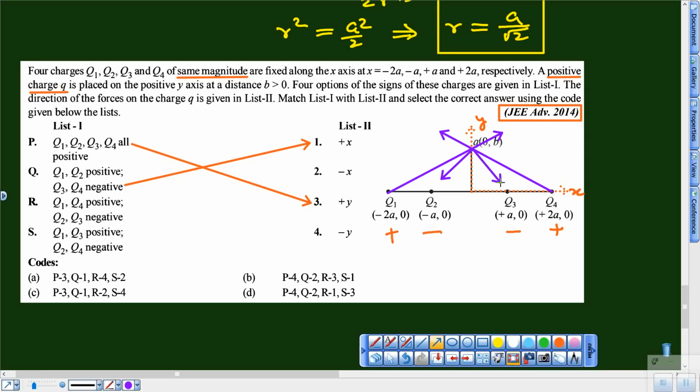But you can see that these two will sum up to their own value, they being smaller forces. Why? Because the distance of Q1 and Q4 is larger. They are at a larger distance as compared to Q2 and Q3. That's why these two forces are weaker as compared to this.